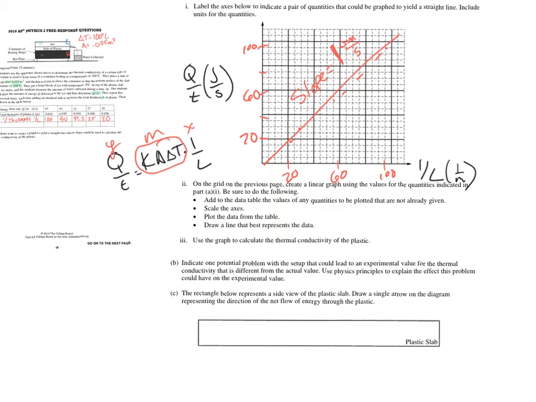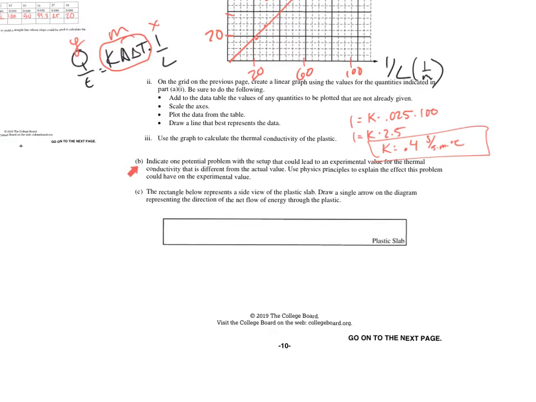So I just set up that formula and say 1 equals K times 0.025 times 100, or 1 equals K times 2.5. So K equals 0.4 joules over seconds times meters times degrees Celsius. It's a big weird unit on that thing, but that's what you would get for your K value.